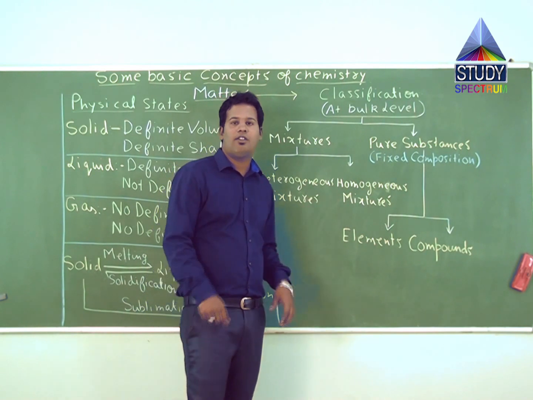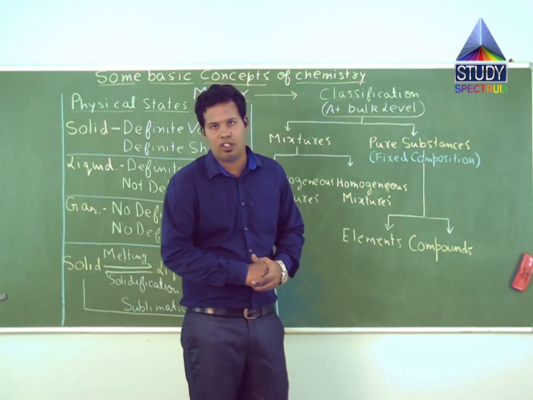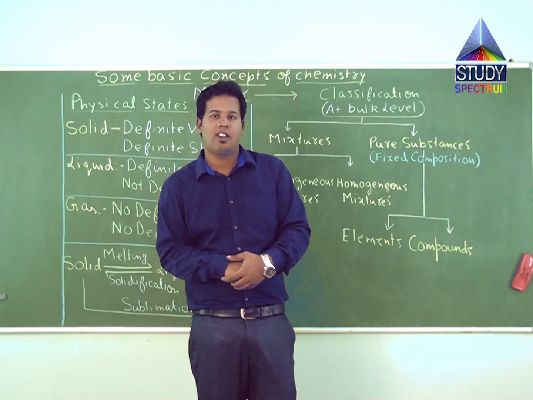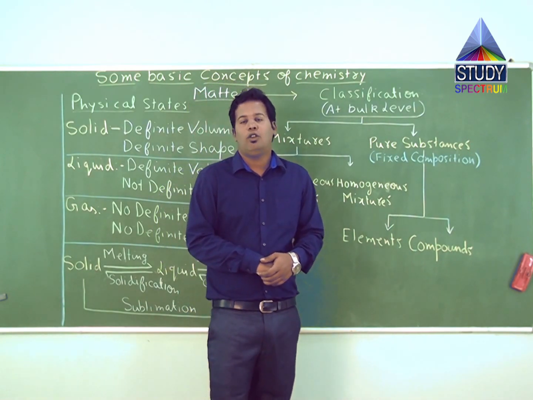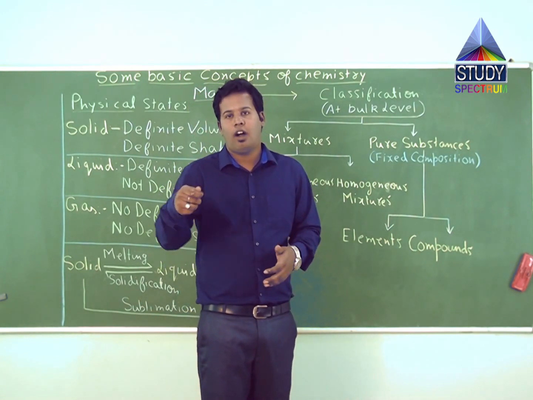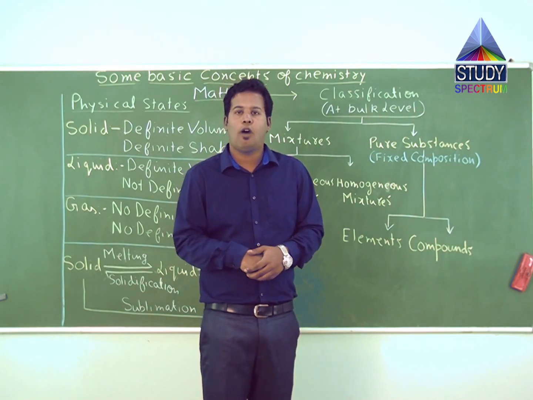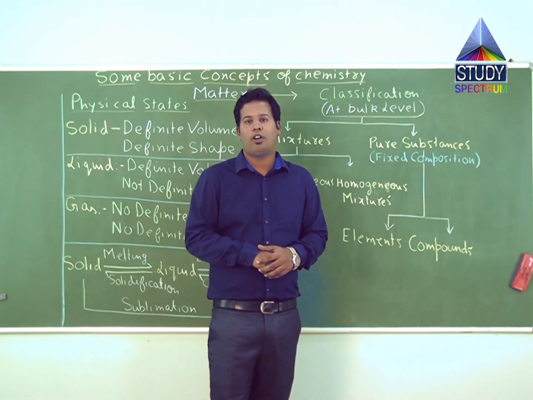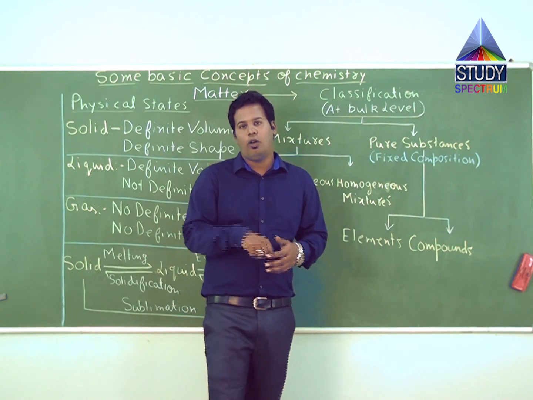We'll try and understand the difference between heterogeneous mixtures and homogeneous mixtures with the help of an activity or example. Suppose you dissolve a teaspoonful or two of salt into a glass of water and mix it thoroughly.